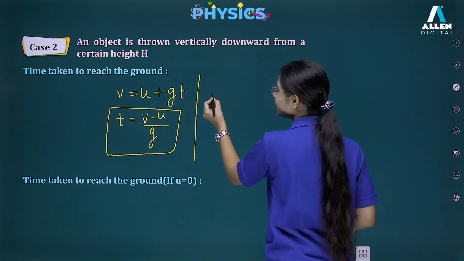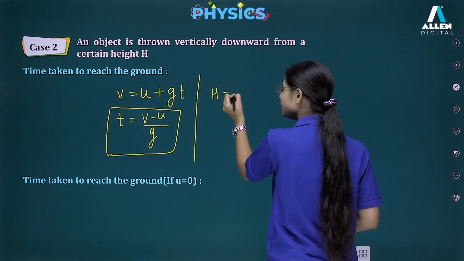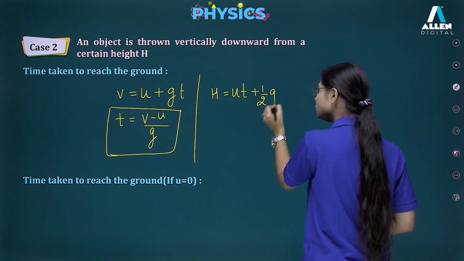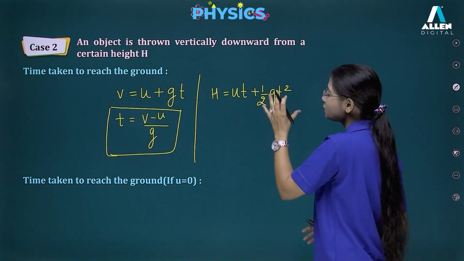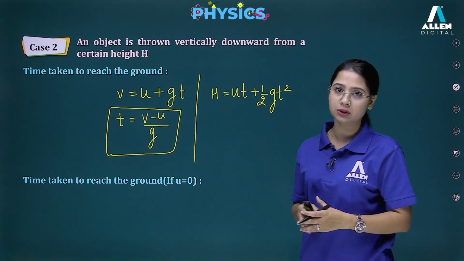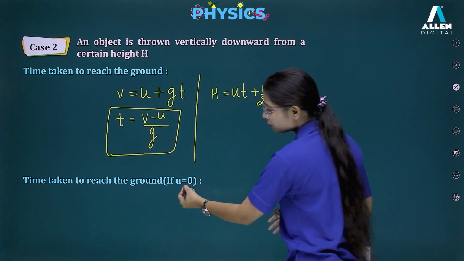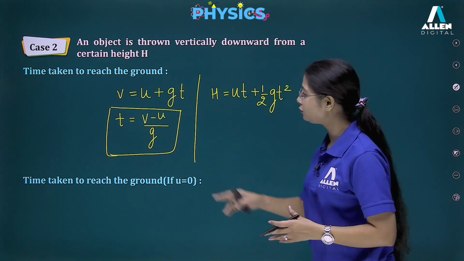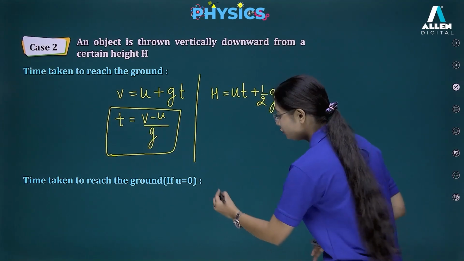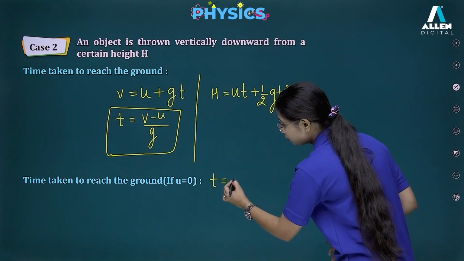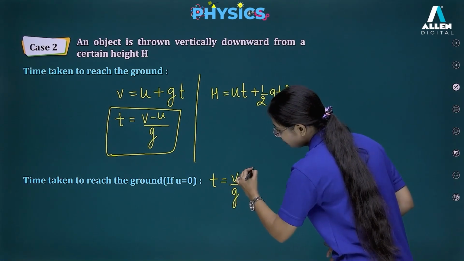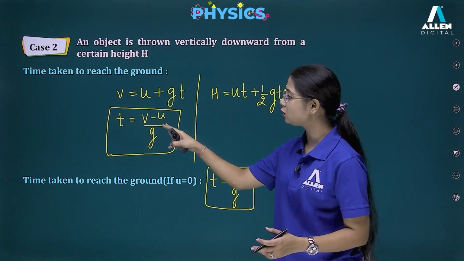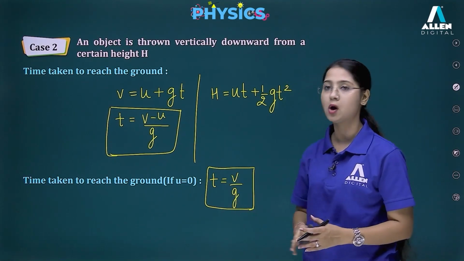Time taken to reach the ground, that means we will take h is equal to ut plus 1 by 2 gt square. So by using this equation you can find out the time. Now if u is equal to 0, then you have to find time taken to reach the ground. So here you will put u is equal to 0, then you will get the time is equal to v upon g. This is the formula of time. By putting the value of u 0, you will get t is equal to v upon g.